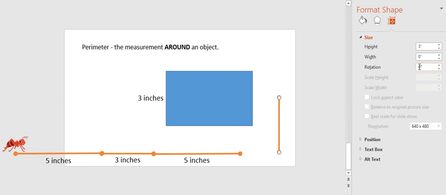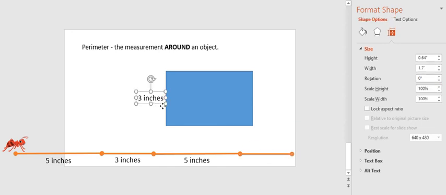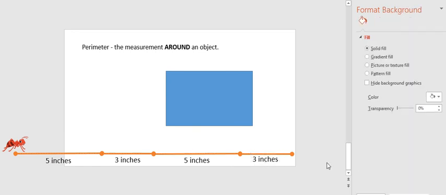Let's get this rotated around, just like so. And we have the 3 inches right here. So what we've done is we've taken the outside part of this rectangle and made it so that it's just one long line.